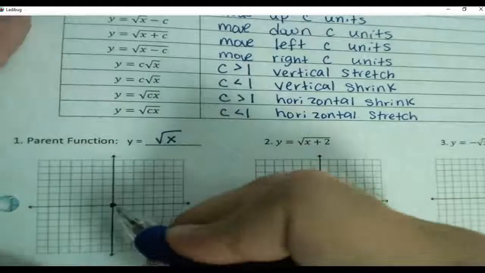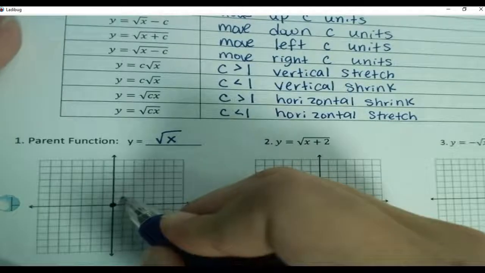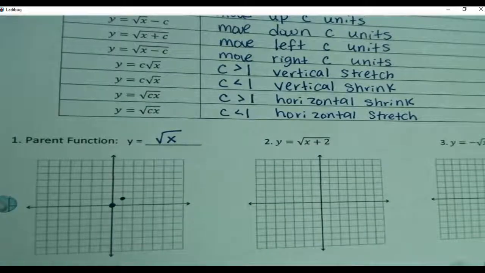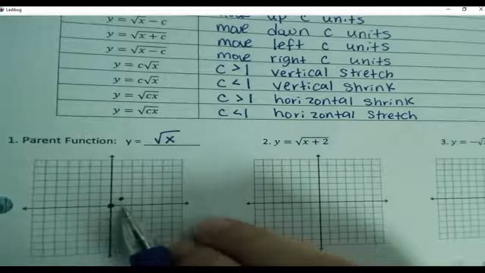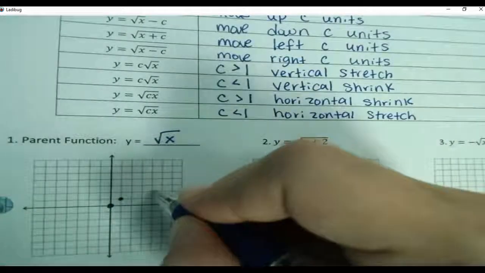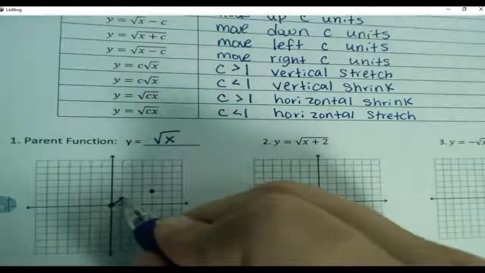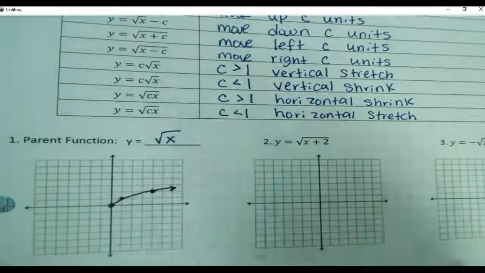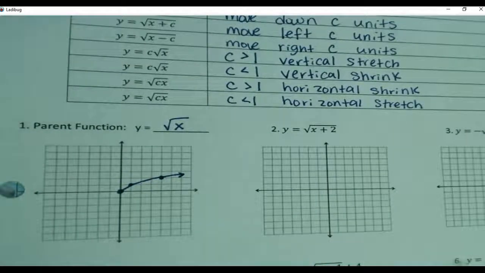And then your next point is always up 1 over 1. Unless you have a stretch or a shrink, then that changes. And then our next point is at 4, 2. And then it curves up like this. So those are our 3 main points.